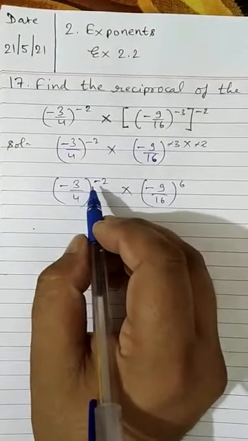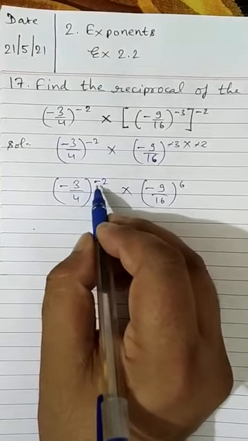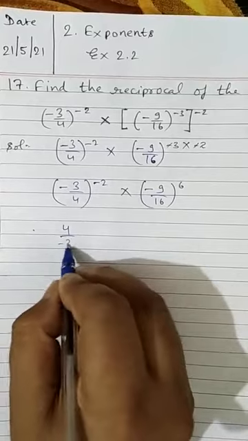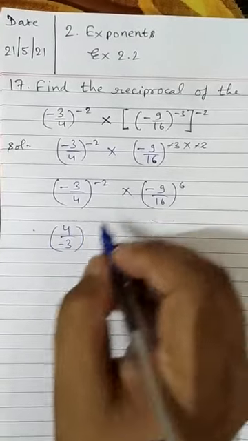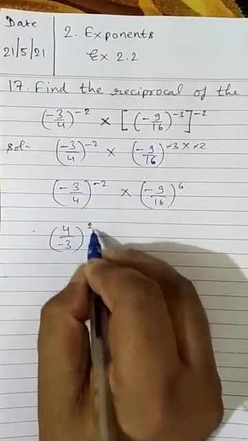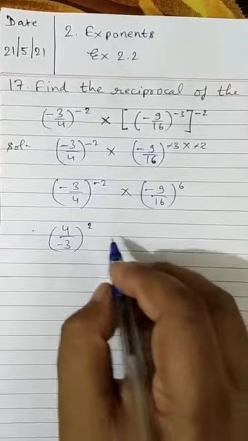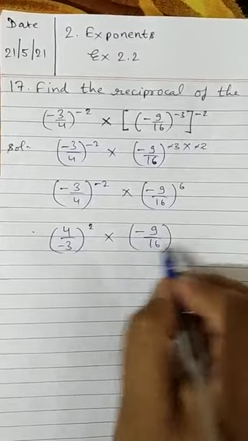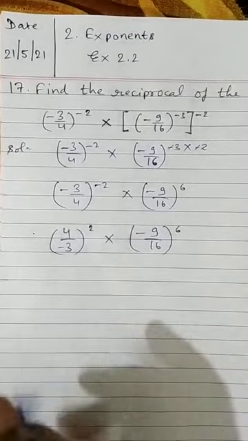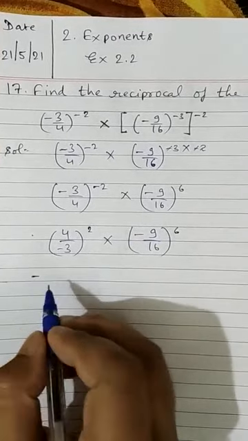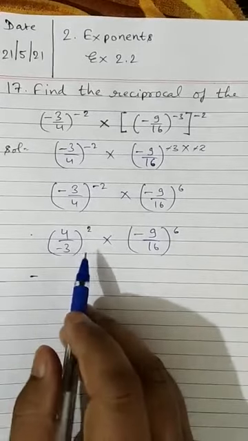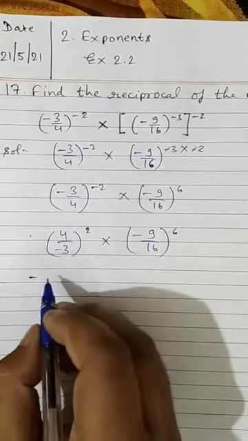First we can change this power into positive, so it becomes 4/-3, and the sign of the power is changed to positive. This is (-9/16)^6. Now we'll expand it, because -9 cannot be changed into the base -3.